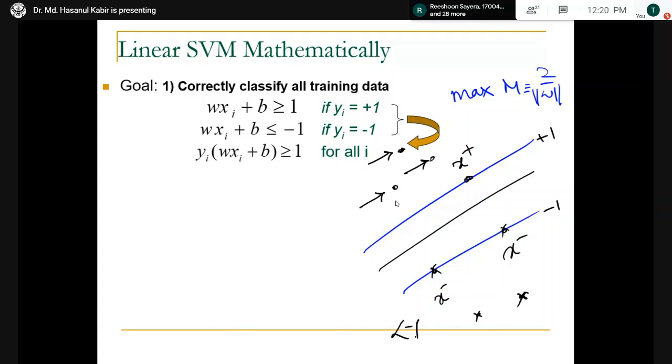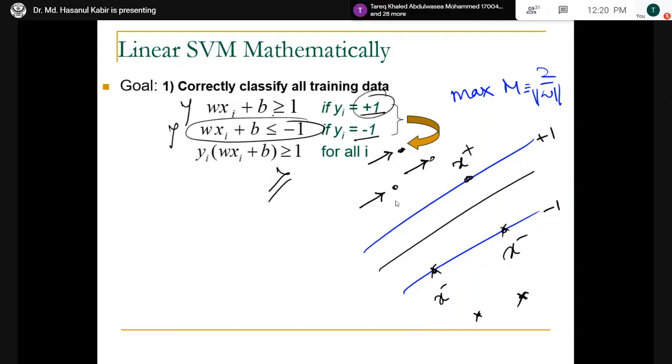Now since the class label is represented by +1 and -1, if I multiply the response with y, the condition will simply fit. For class 1, y is 1, so multiplying by 1 keeps the condition the same.